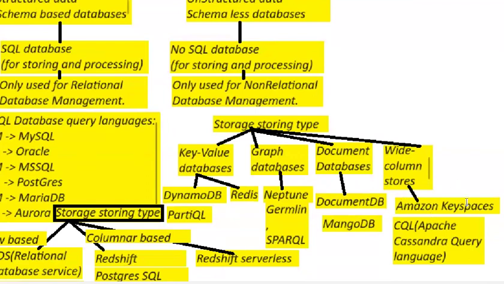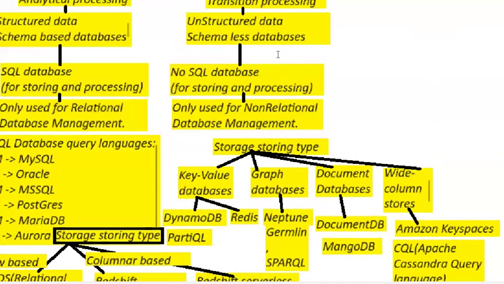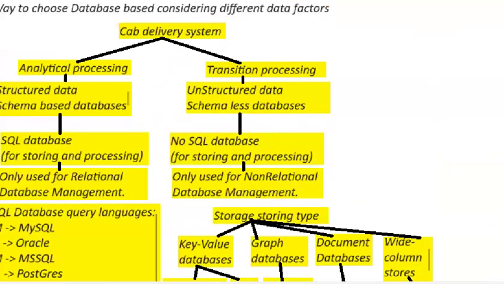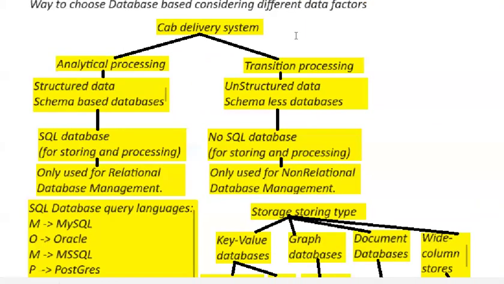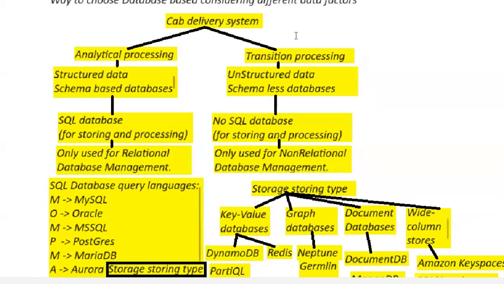In this, you have Amazon Keyspaces. AWS will provide you Amazon Keyspaces to store your data in the form of wide column storage. You can query the data stored in Keyspaces by using CQL, that is Cassandra Query Language. So your data will be stored in databases in these following ways.